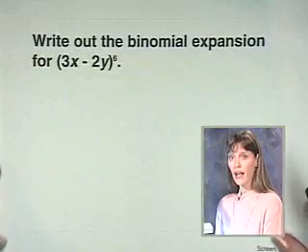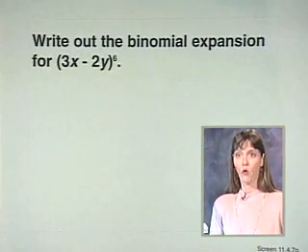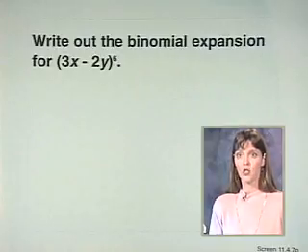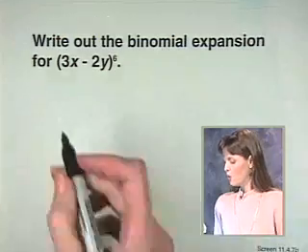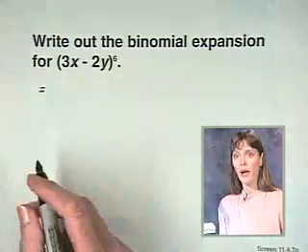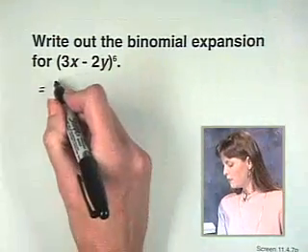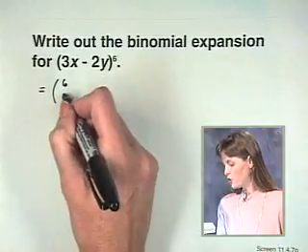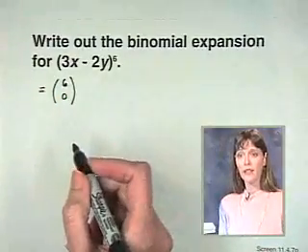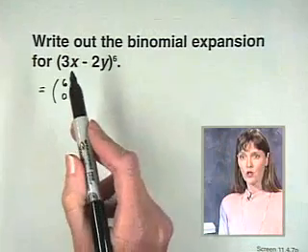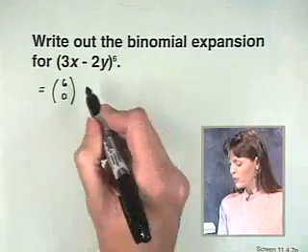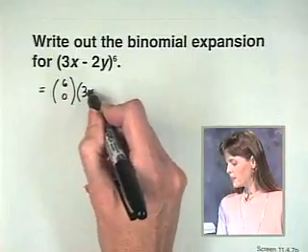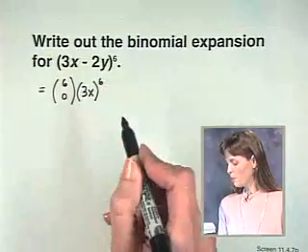We want to write out the binomial expansion for 3x minus 2y raised to the 6th power. We're going to begin with the binomial coefficient of 6 choose 0. Now, in this problem, the first term is not just x. We think of it as being 3x. And so we start off with 3x being raised to the 6th power.